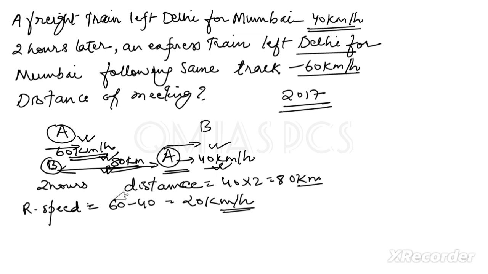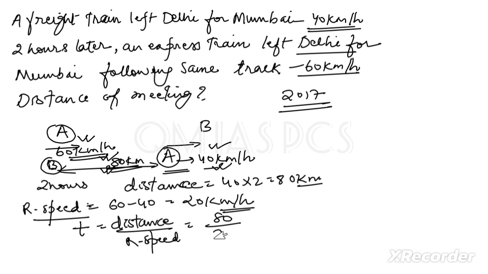So while finding the time, the time will be the distance divided by the relative speed. Distance is 80 kilometers, relative speed is 20 kilometer per hour, so time will be 4 hours. So after 4 hours, the faster express train will overtake the freight train, but we have to find the distance, not the time.